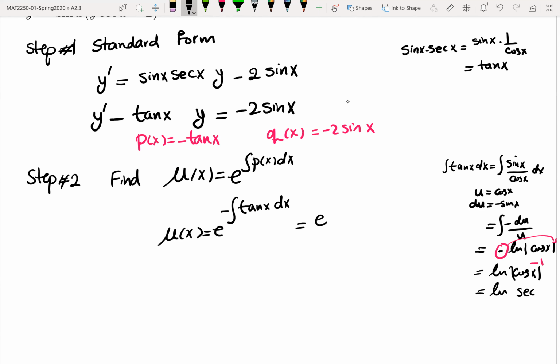It's the same thing, so however you like it. If I write the minus out, then I have minus natural log of cosine, and the negatives cancel out, so just cosine is left. Agree with me?